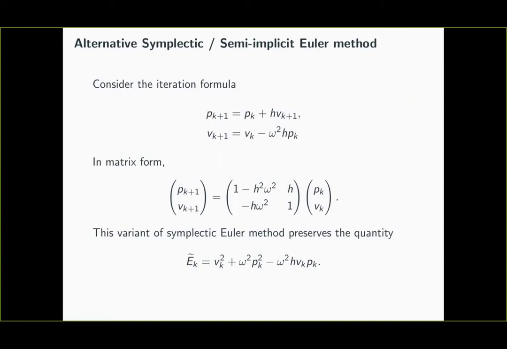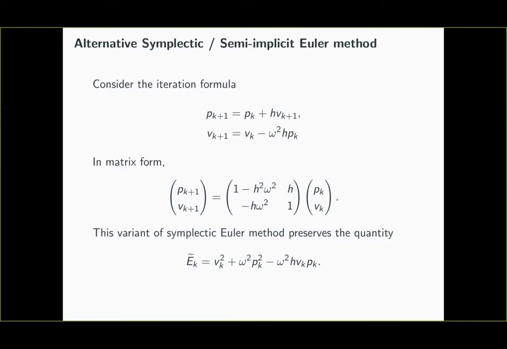This version of the symplectic Euler method also preserves a modified energy. However, the modified energy is a bit different this time. At time step k, the modified energy equals v_k squared plus omega squared p_k squared minus omega squared h v_k p_k.